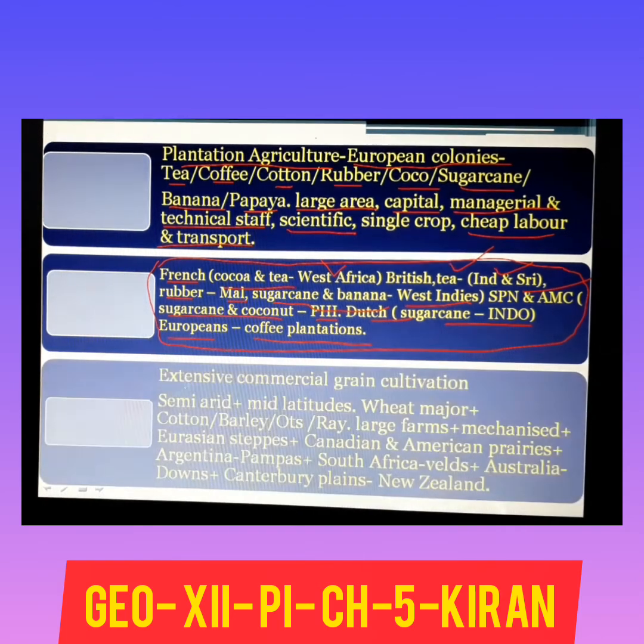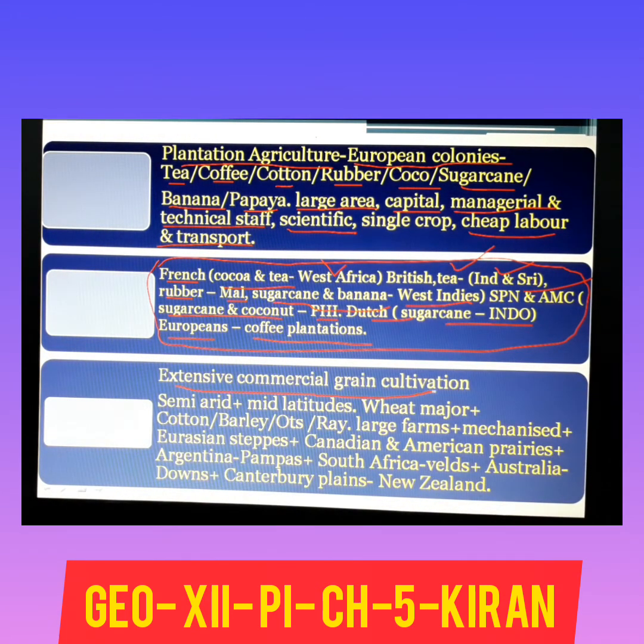Next, we have extensive commercial grain cultivation. It is called extensive because of the extensive use of agricultural land; the holdings are very large in size. It is practiced in semi-arid countries and mid-latitudinal countries of the world.